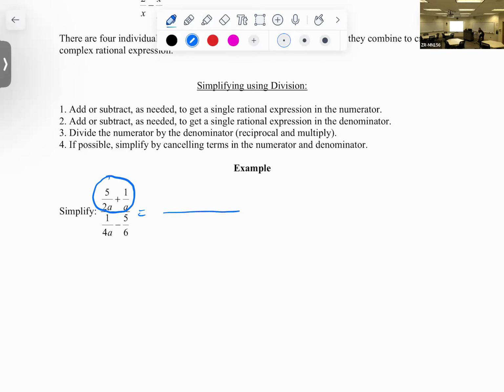With that, I identify the common denominator among 2a and a. So what's the common denominator? A? No, it's just 2a. Remember, least common denominator, it's got to be bigger than the smallest piece there. So for this one, nothing happens, but for this piece, I need to multiply by 2 over 2.